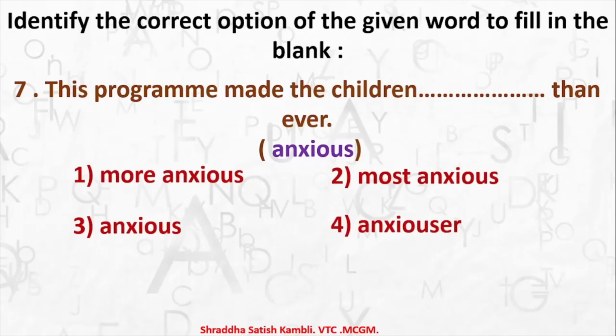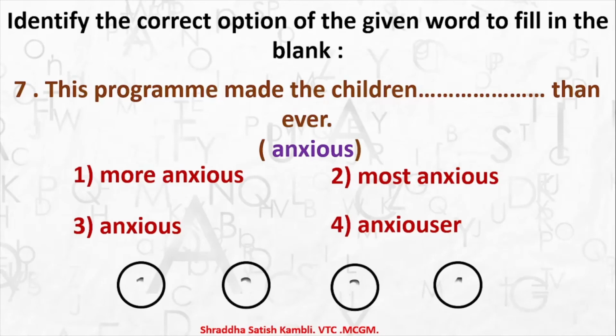Will it be more anxious, most anxious, anxious only, or anxiouser? What will be the correct answer? It will be the first one, more anxious. Why? Because it is in the comparative form. This program made the children more anxious than ever.